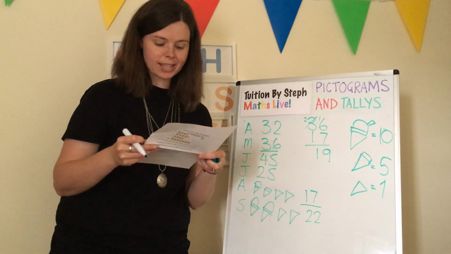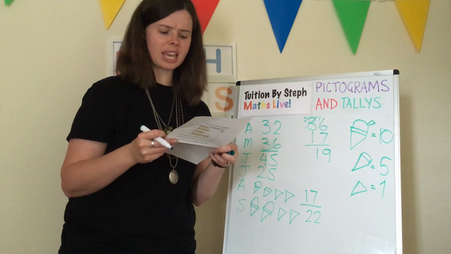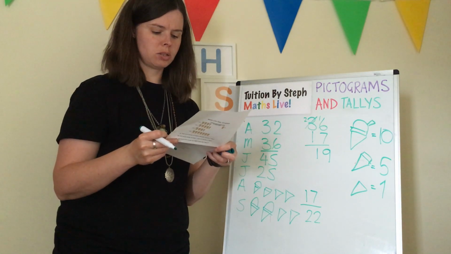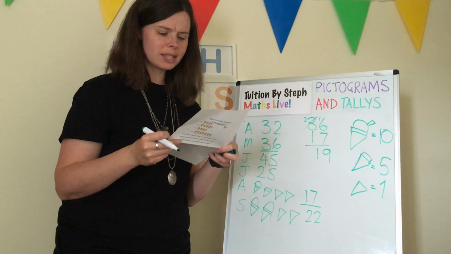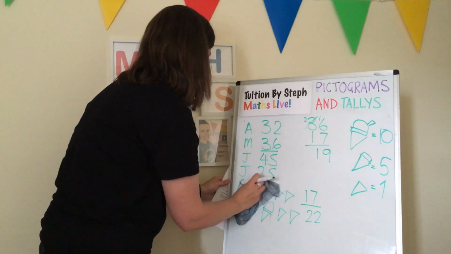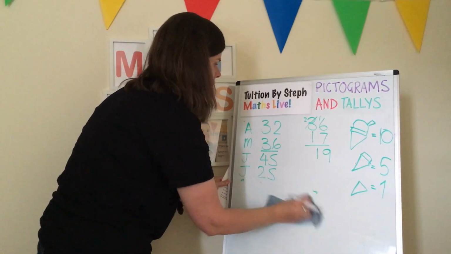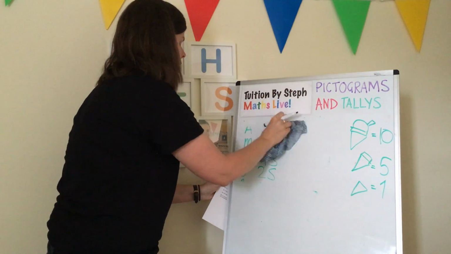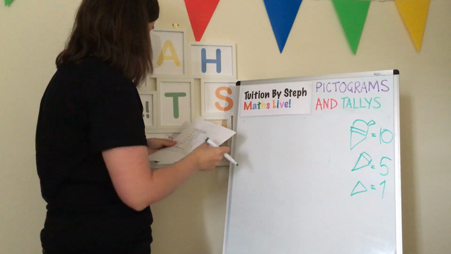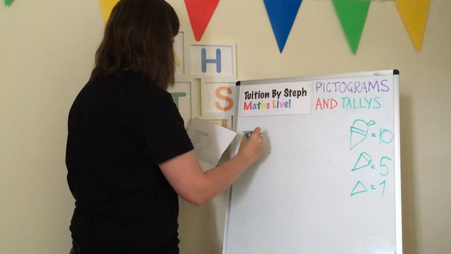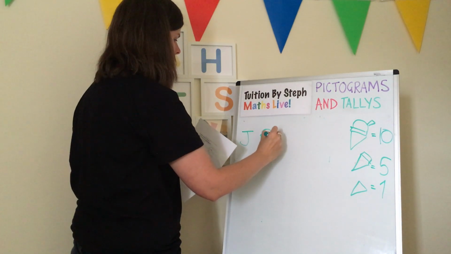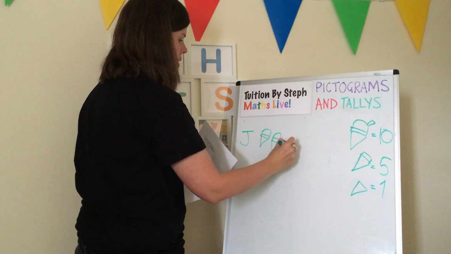It is discovered that 25 more ice creams were secretly eaten in July. Can you correct the pictogram chart to show this? Ooh, what would you do? 25 more ice creams. So let's go to July. This is what we already had in July. So we had 1, 2, and then we had that top half of the ice cream.